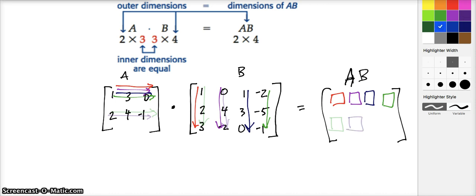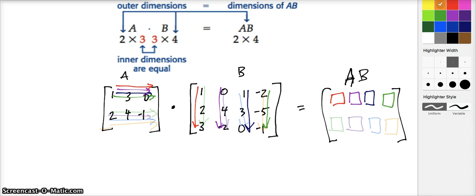If I use this row and this column, I'm going to get this one. And then finally, let's do orange. If I use this one and this one, I'm going to get this here. I know I just said a whole lot of stuff, but try to follow me with it.